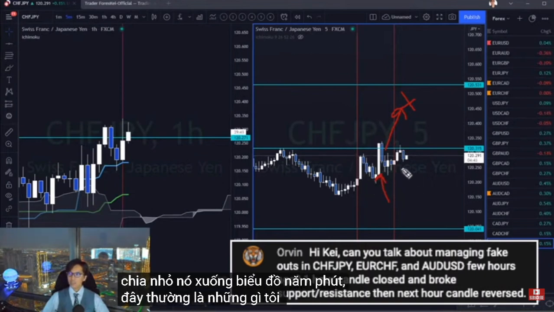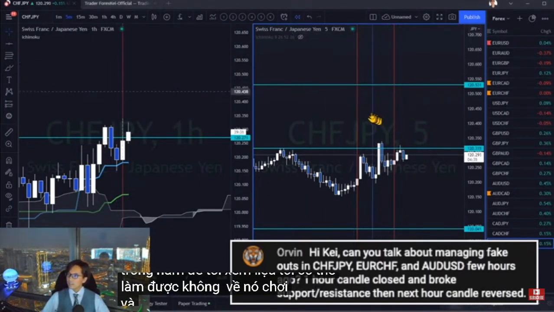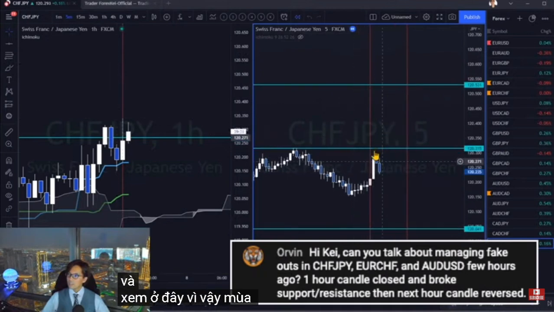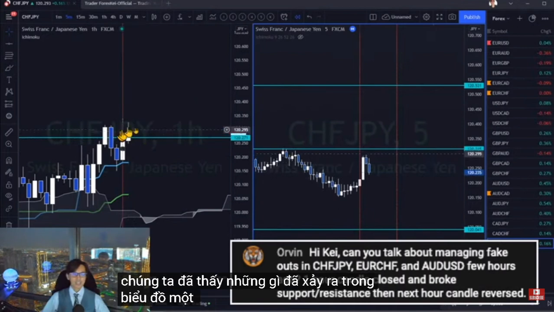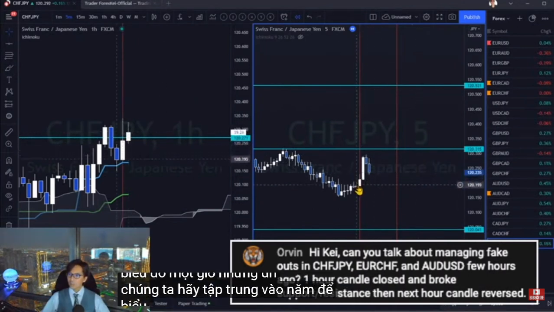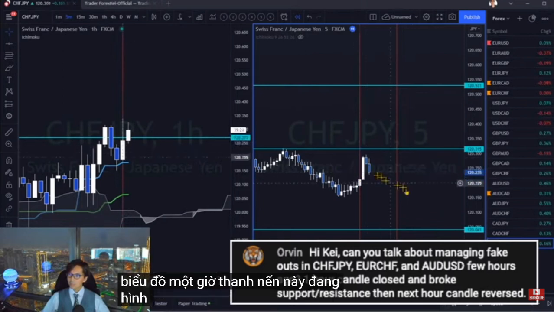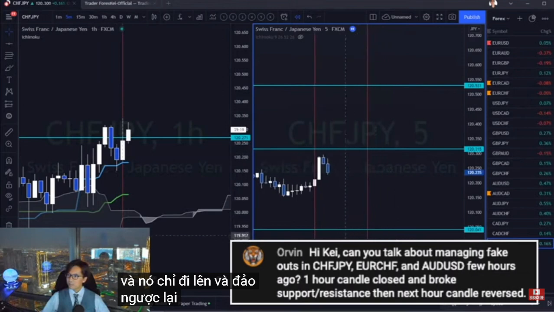This is usually what I do. In the 5, let me see if I can do a replay and see here. So this is the 5. We already saw what happened in the 1-hour chart, but let's focus on the 5. The 1-hour candlestick is still forming, and it just goes up and reverses backwards.